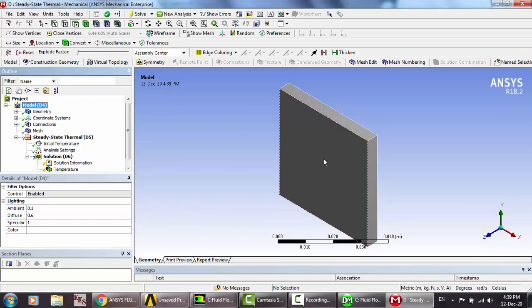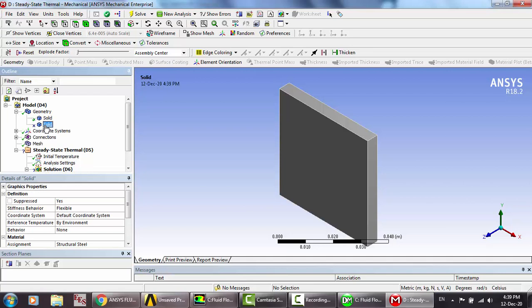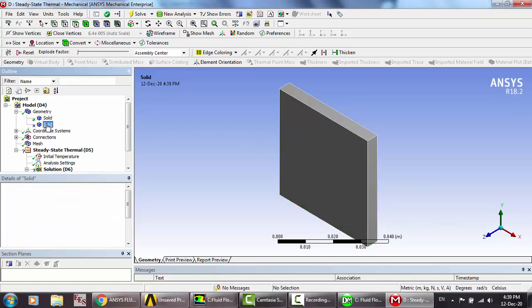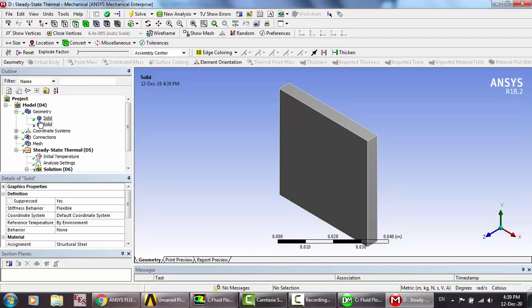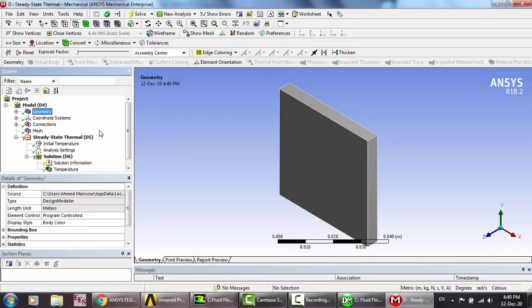Okay, so let's see. Here I'm not gonna use the air duct because we do not accept fluids here. There are solids, structures, trees. That's why I suppressed the air duct. I do not have to define any fluids here, just solid.